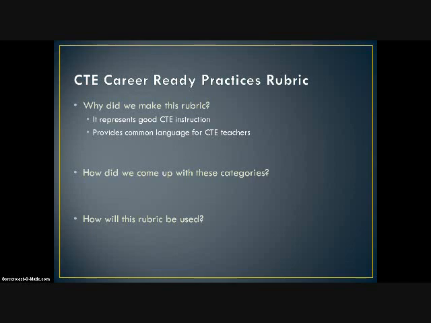By having a common language on this rubric throughout CTE, those teachers are able to collaborate with other teachers in their building, even if they're not in the same content area. It also allows us to have teachers communicate across buildings or across different content areas using the same language about how they assess their students.